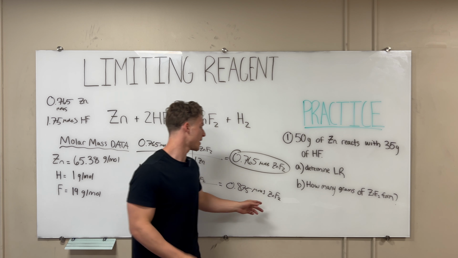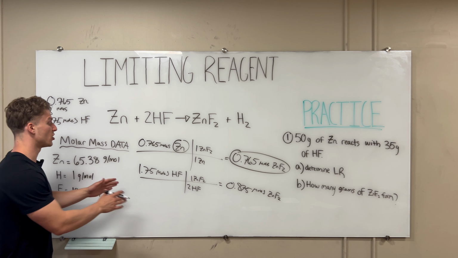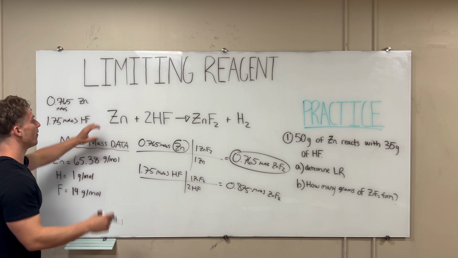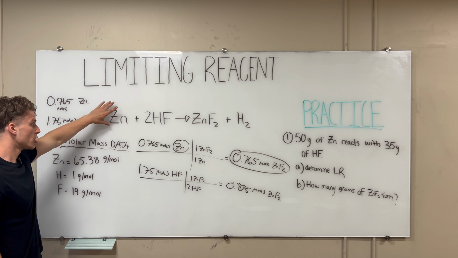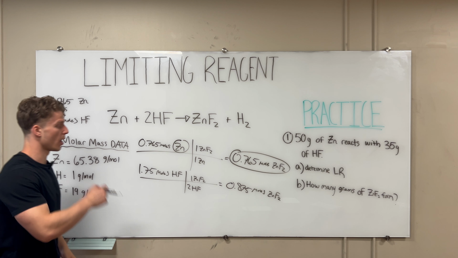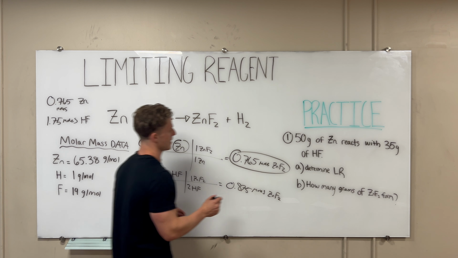Now, if we had unlimited zinc, and we had 1.75 moles of HF, we could make 0.875 moles of ZnF2. That would make HF the limiting reagent. However, we see that we're going to run out of zinc first. So only if we had unlimited zinc could we make that amount of ZnF2. So our limiting reagent is zinc.